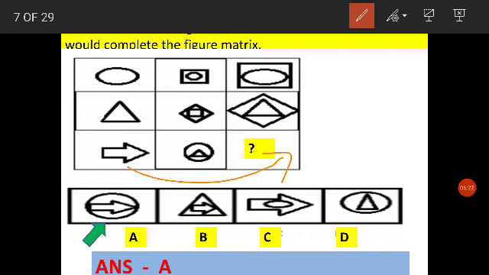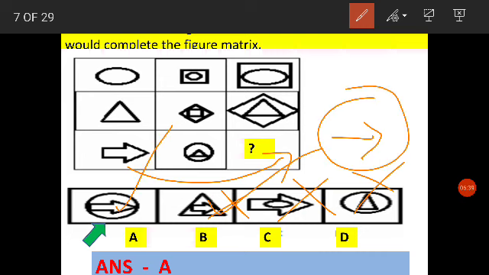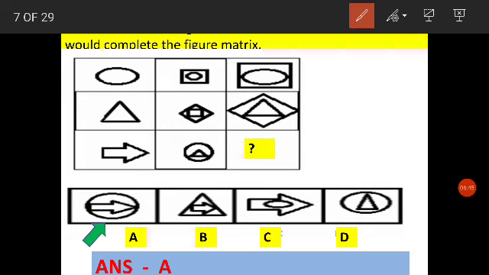There should be an arrow, and this arrow has to be inside a figure. So this one is not possible, this one is possible, triangle, but the most possible answer is this big arrow, because if you see the proportion of figures, this fits in well.